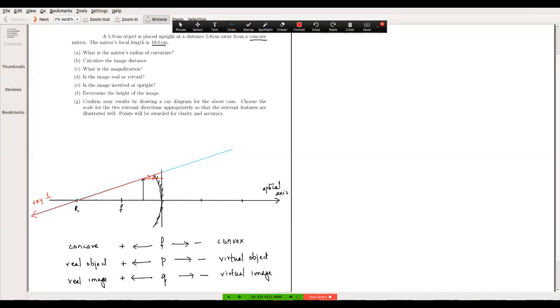After it hits the mirror, again, we have shown the straight line to represent the mirror, it converges to the focal point. All the rays that come and hit parallel to the optical axis for a spherical mirror go through the focal point. That's a conclusion of the geometry of a sphere.